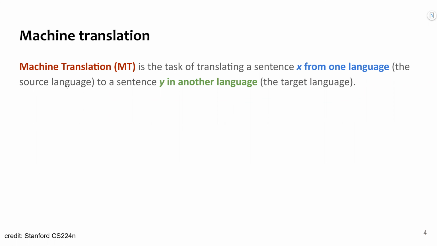What is machine translation? Machine translation is the task of translating a sentence X from one language, for example, English, and this language is sometimes called the source language. So sentence Y in another language, for example, Korean, and this is sometimes called the target language.